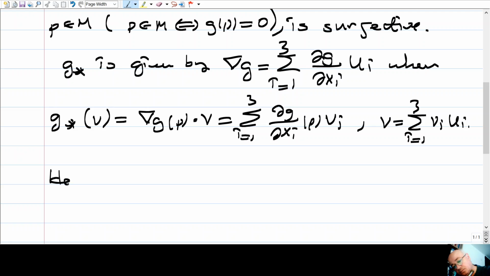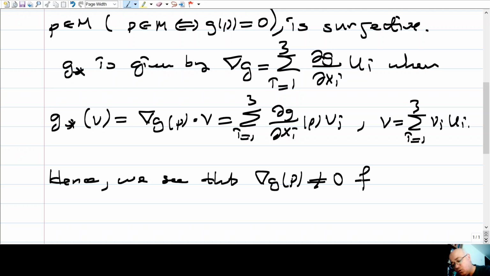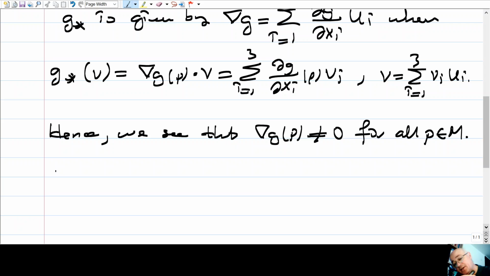Hence you see that this gradient is not 0 for all P in M. Okay, well, take any path on the surface.